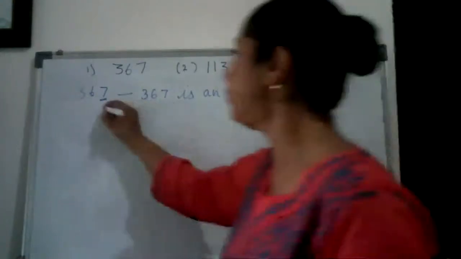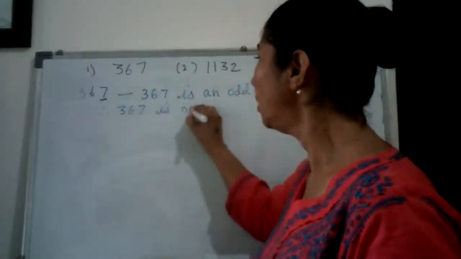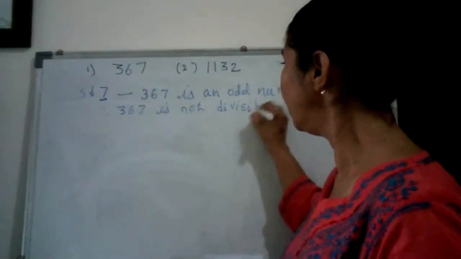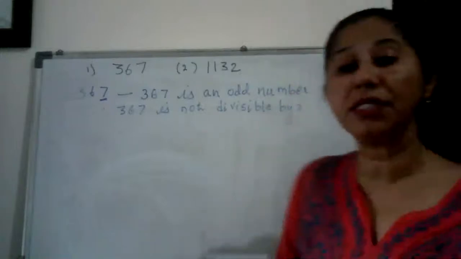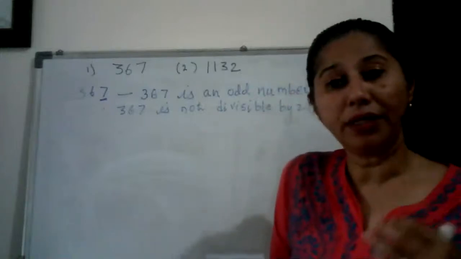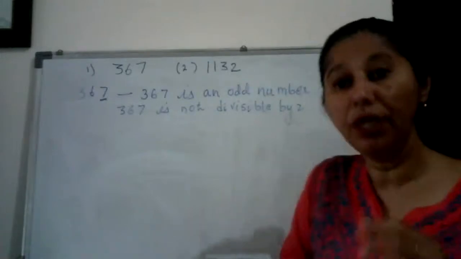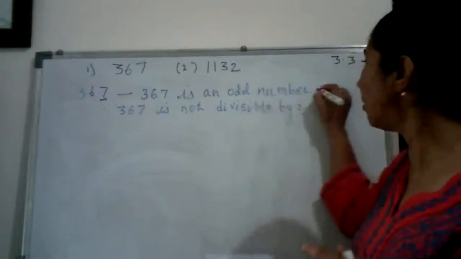Therefore, you write that 367 is not divisible by 2. First of all, you have to give the reason, whether the number is even or odd, and then you write whether it is divisible or not. This is called the reasoning part.